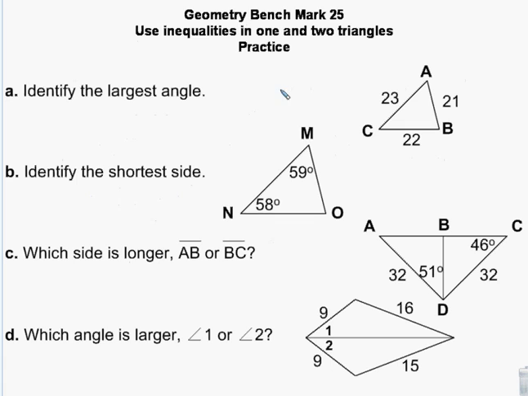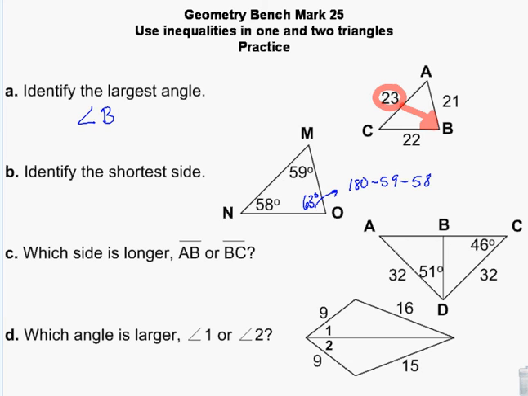Identify the largest angle. Well, we look at the three sides. Here's the biggest side. The biggest side is across from the biggest angle. So angle B. Identify the shortest side. I first need to find out what this missing angle is. So I'm going to take 180 minus 59 and minus 58, and that angle is 63.